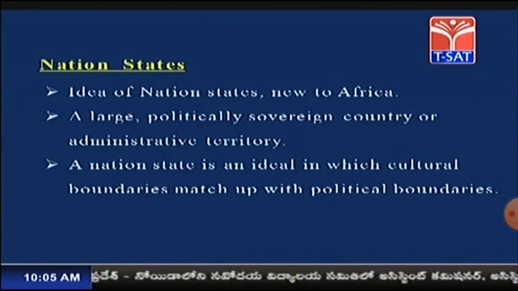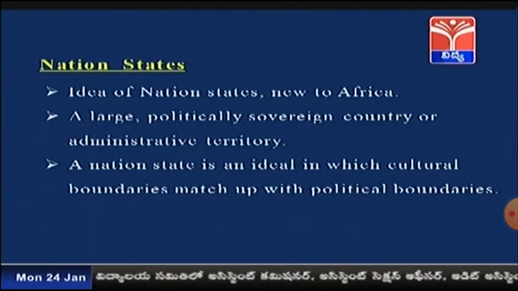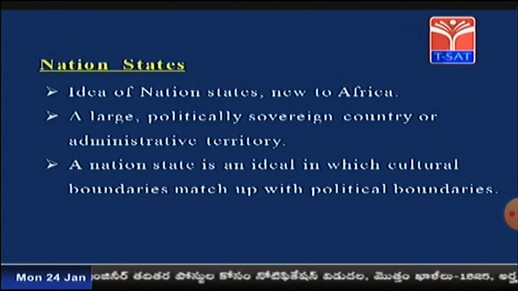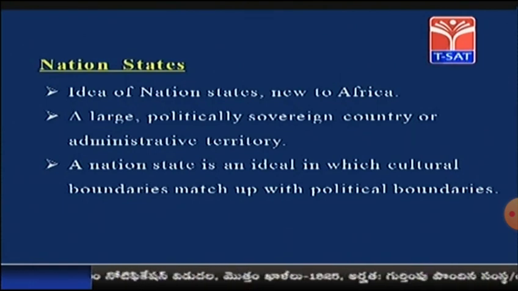For Nigeria and other African countries, the concept of nation state is a very new idea. Idea of nation states is new to Africa. Nation state means a large politically sovereign country or administrative territory.